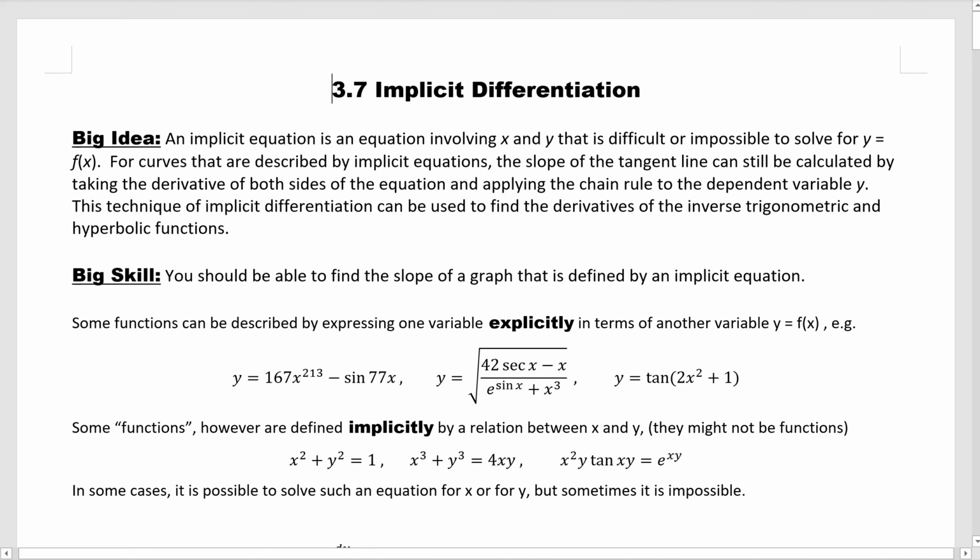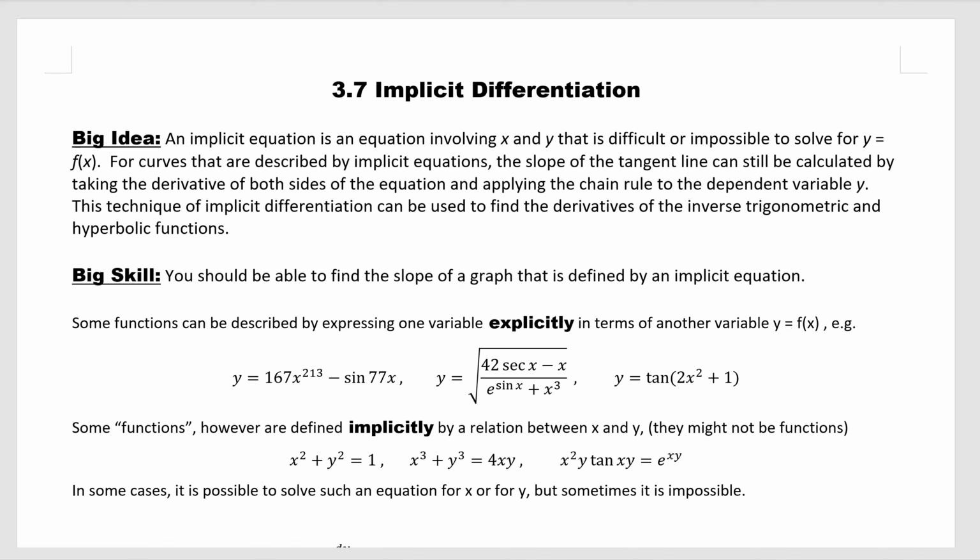Let's learn the new stuff. Let's come back to calculus. 3.7, implicit differentiation. Big idea. An implicit equation is an equation involving x and y that is difficult or impossible to solve for y equals f of x.